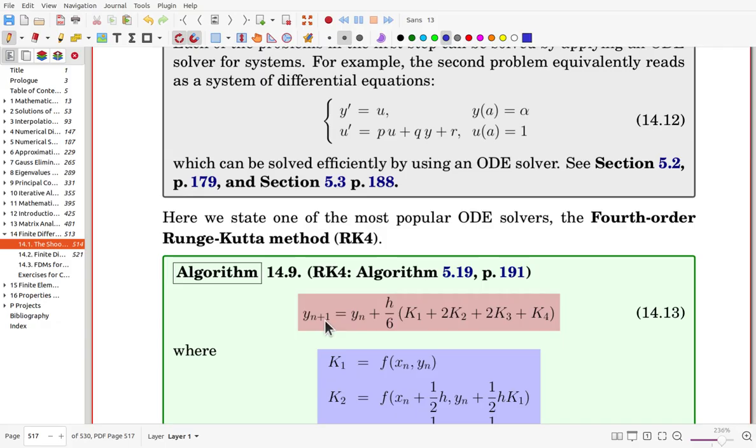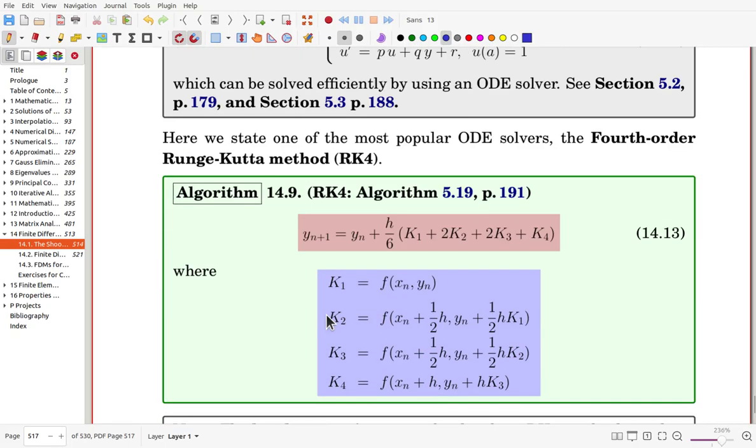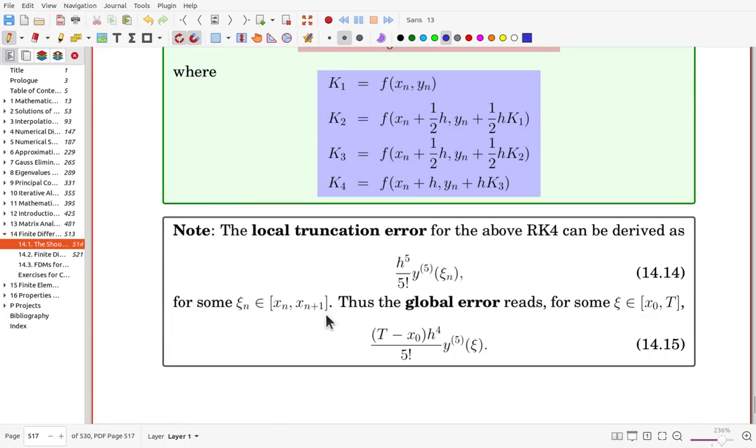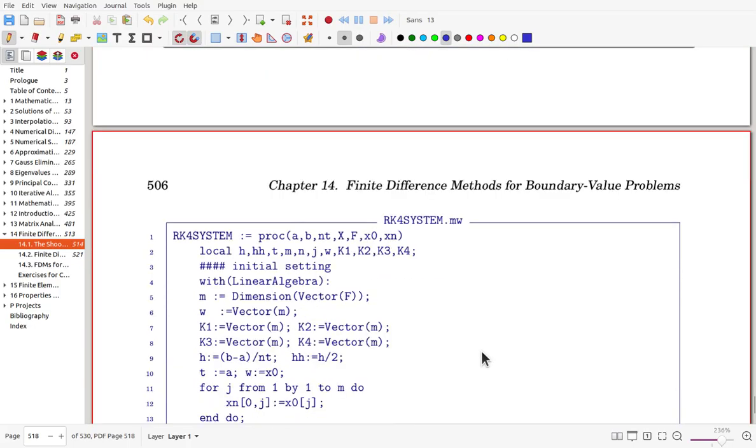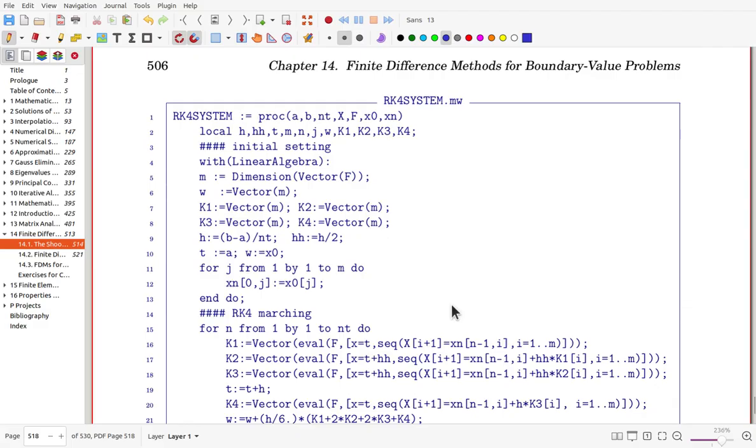That's the fourth order Runge-Kutta method. For this one, the local truncation error is order 5, h to the 5, so the global error becomes order 4. So it's quite accurate. Let's see the code.